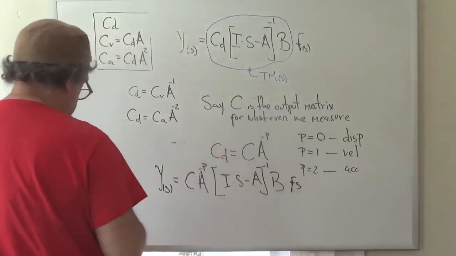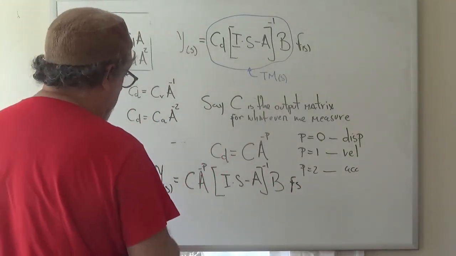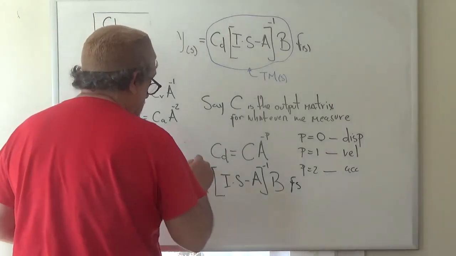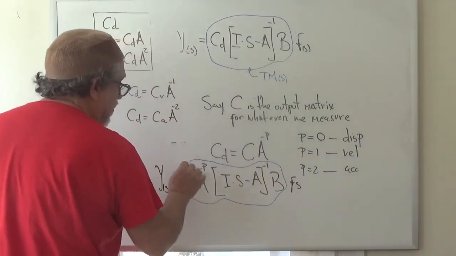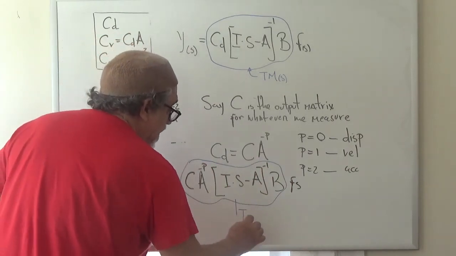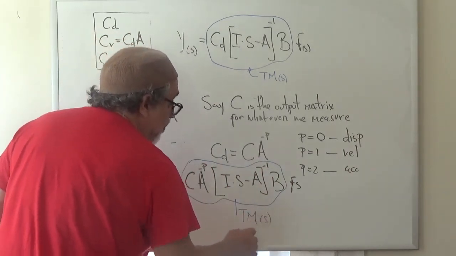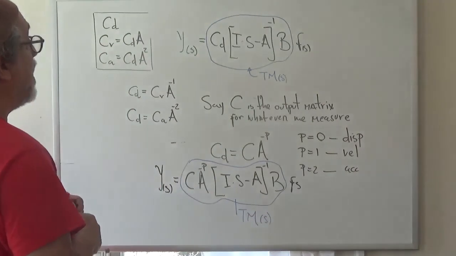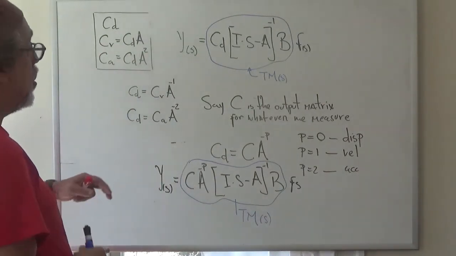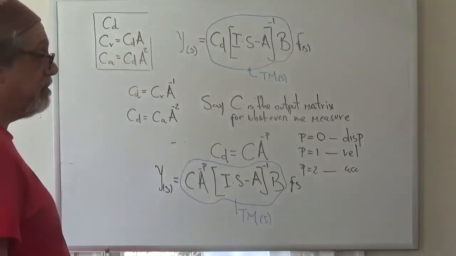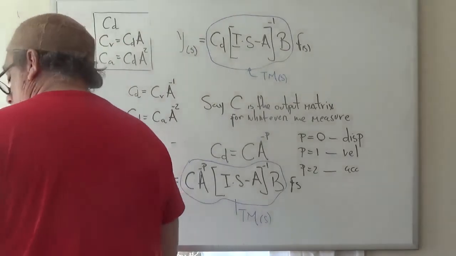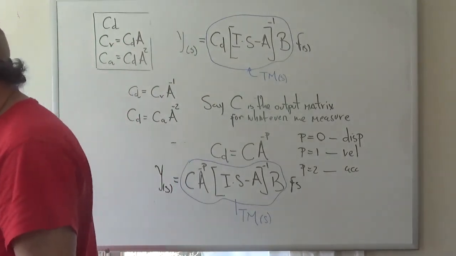So this is the transfer matrix right here, which is a function of S, for whatever type of measurement you've taken, not restricted to the fact that the measurement had to be displacement. Okay? All right, I'm going to stop this for a second.